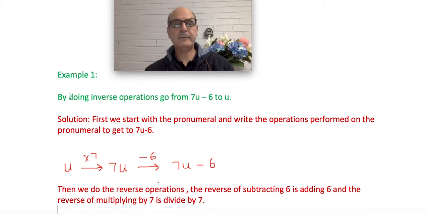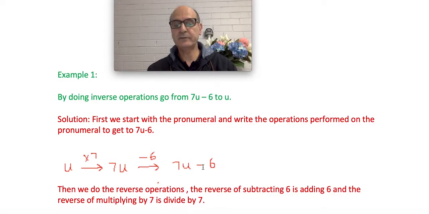Alright, here in example 1, they are saying by doing inverse operation, go from 7u minus 6 to u. Before doing that, I have to start with u. To inform myself what I should do to go from 7u minus 6 to u, I first look at what has happened to u.